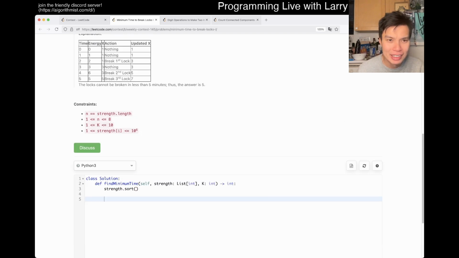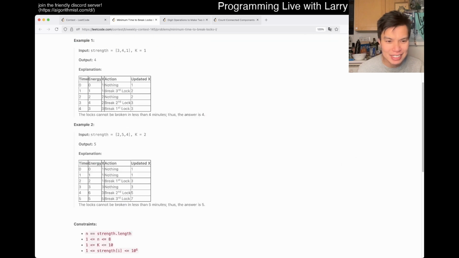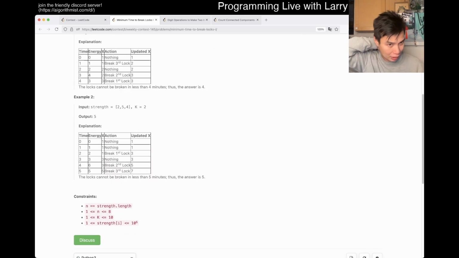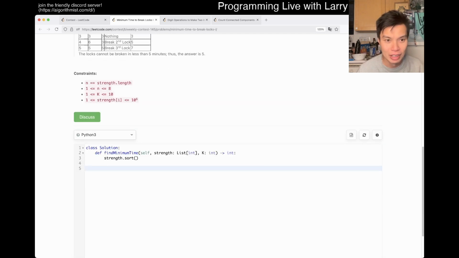Is it greedy? I mean, it makes sense that it is greedy, right? It always makes sense. All right, let's YOLO. Let's take a look.